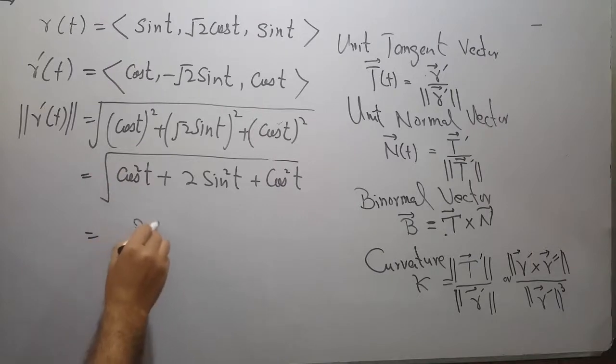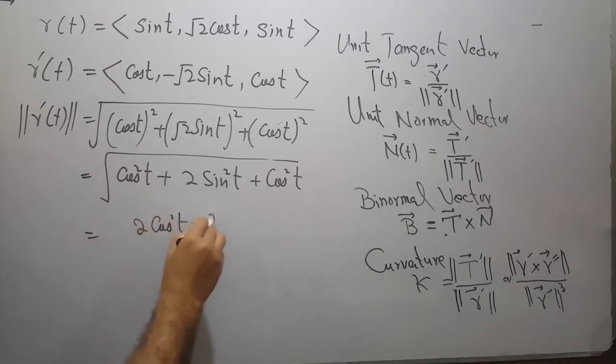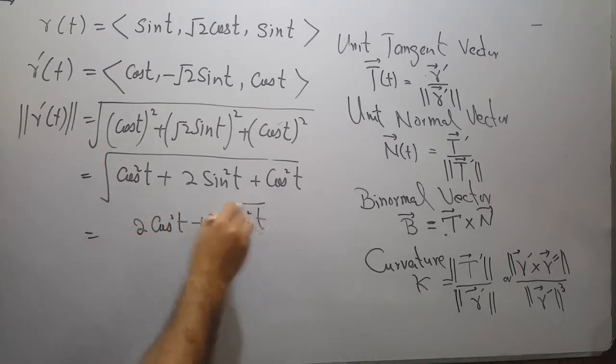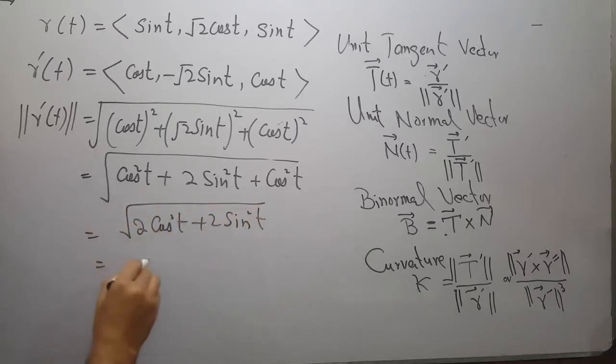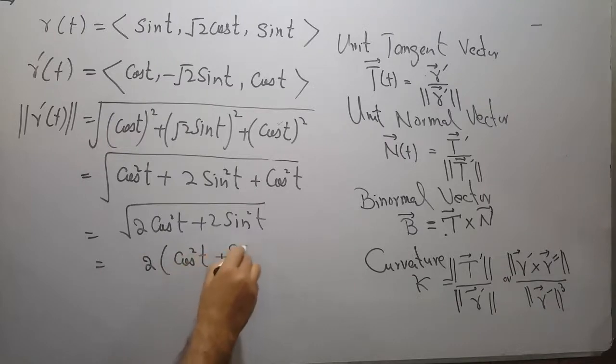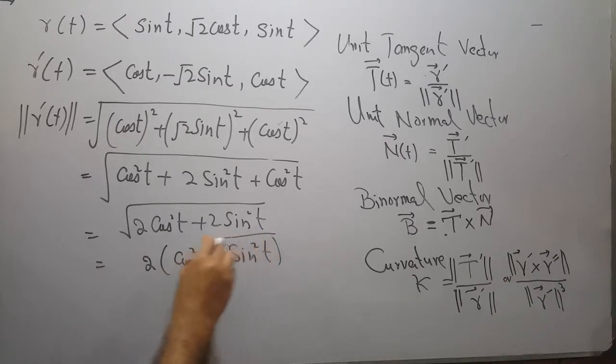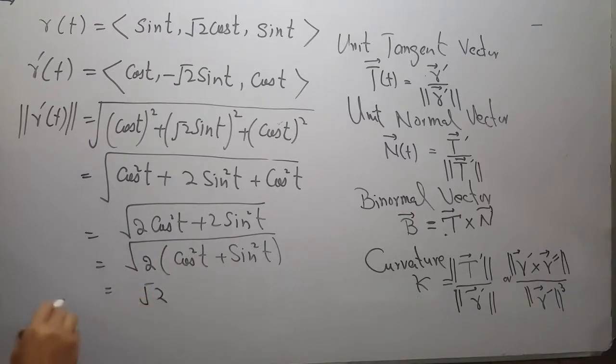So that is actually 2 cos squared t plus 2 sine squared t, square root, and if we take 2 common, that is cos squared t plus sine squared t, and we know that this one is 1, so the answer is square root 2. So r prime magnitude is this one.